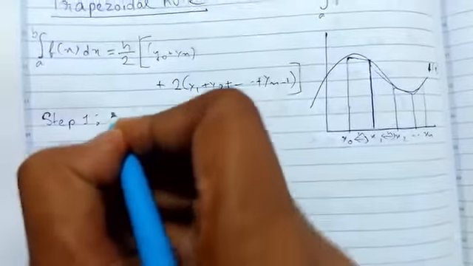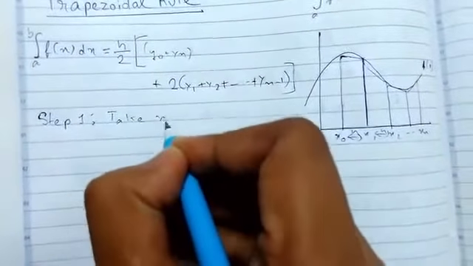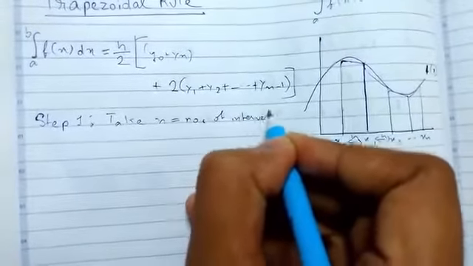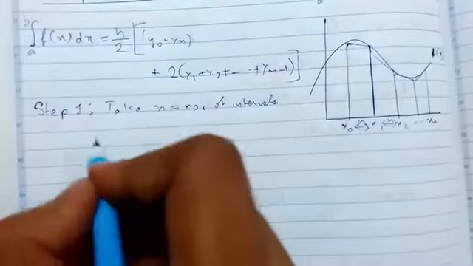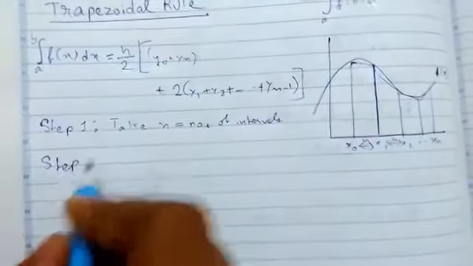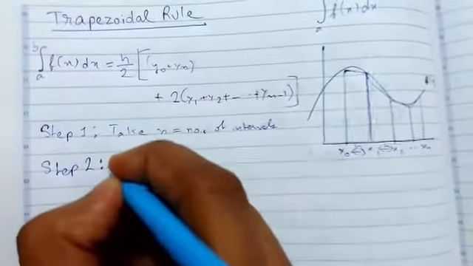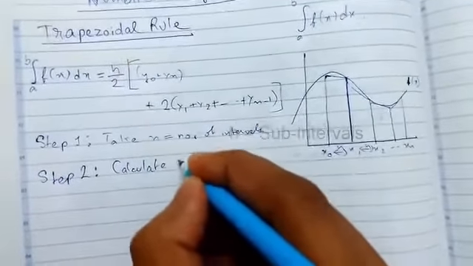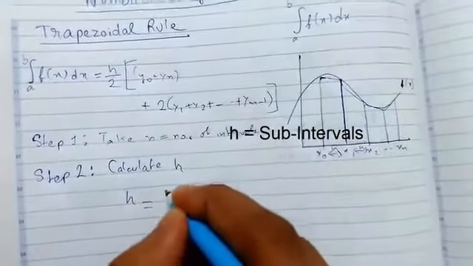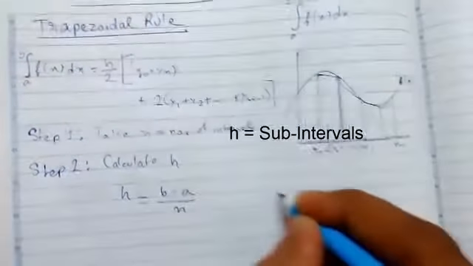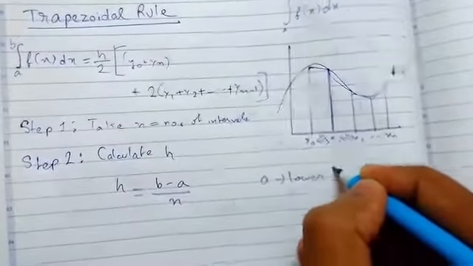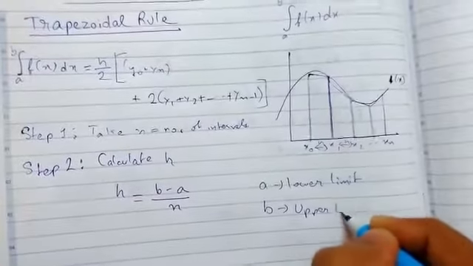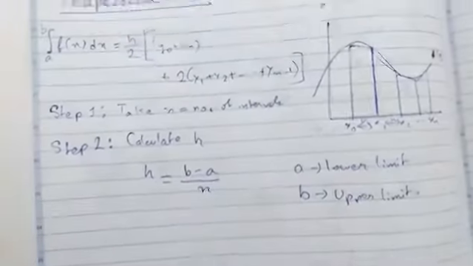So step 1, take n, that is the number of intervals. This will be given in the question. Now step 2, calculate h. So h is equal to b minus a by n, where a is the lower limit and b is the upper limit of integration, or the range.